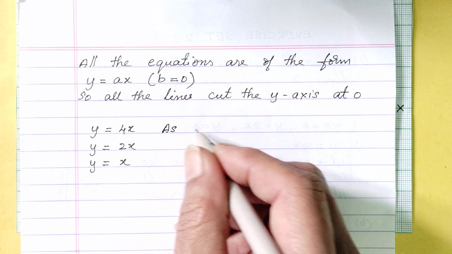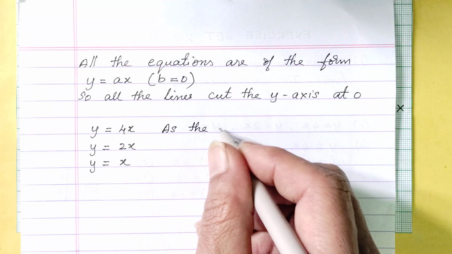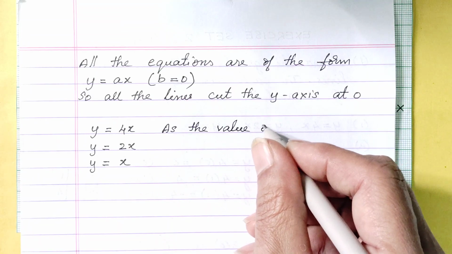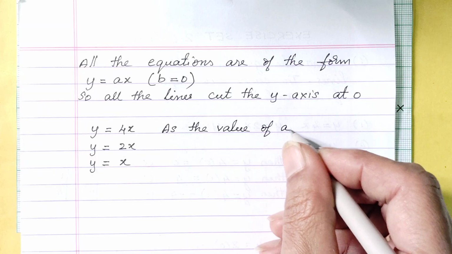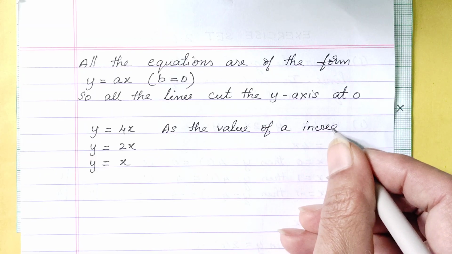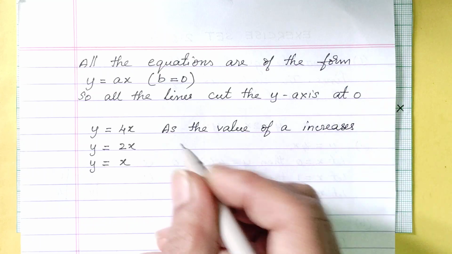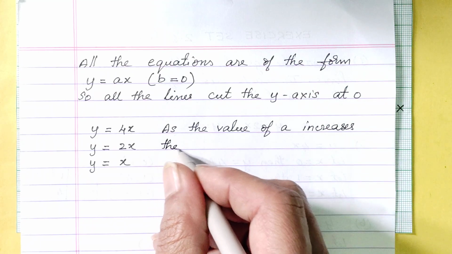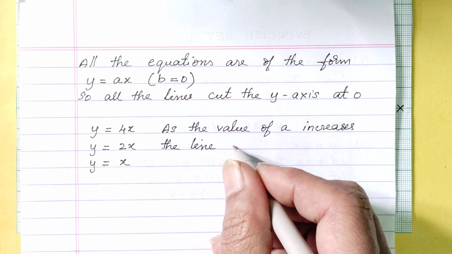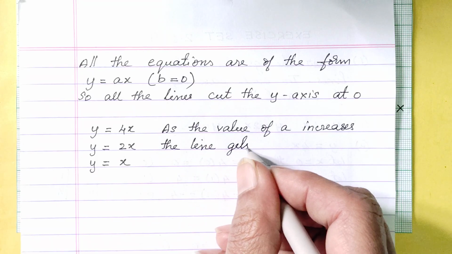As the value of a increases, the line becomes steeper.